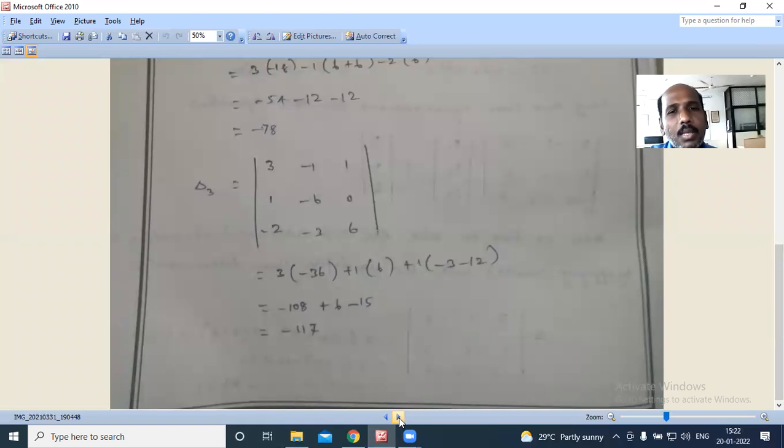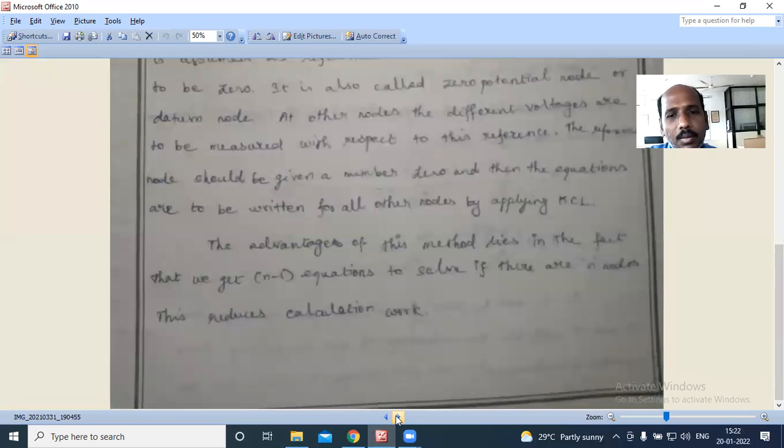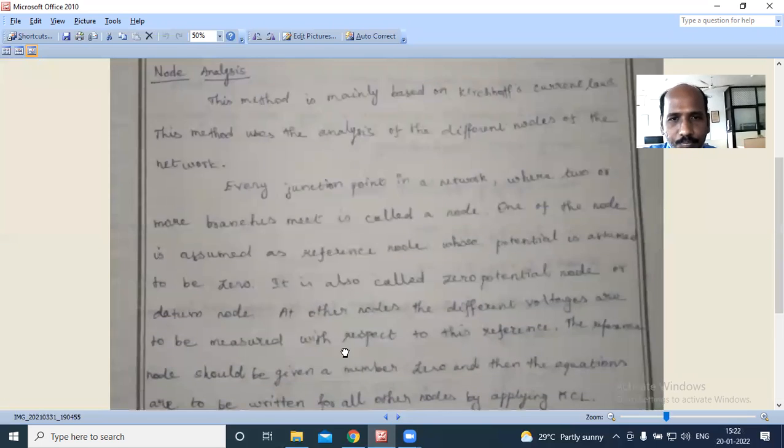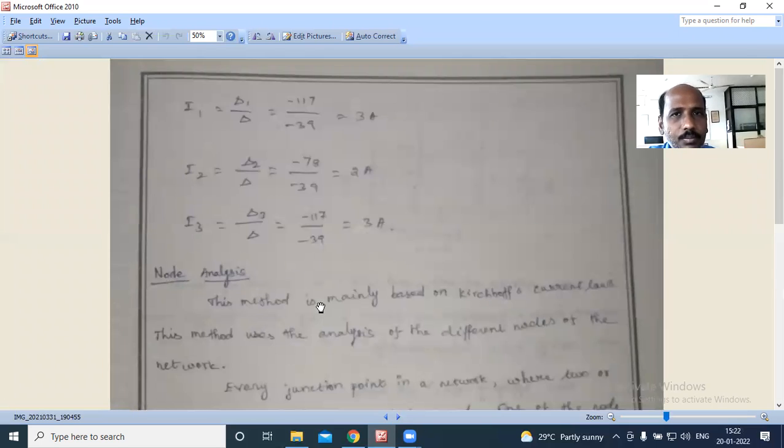Then I1 value equals del 1 by del. I1 equals del 1 by del, that is minus 117, the del 1 value, divided by the del value minus 39, which is 3 ampere.